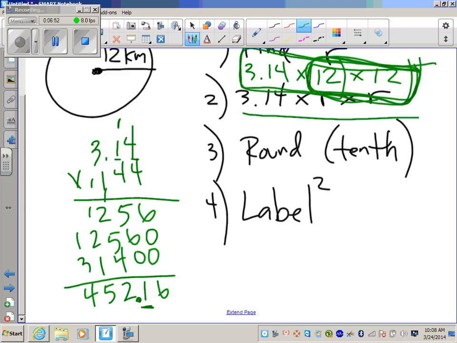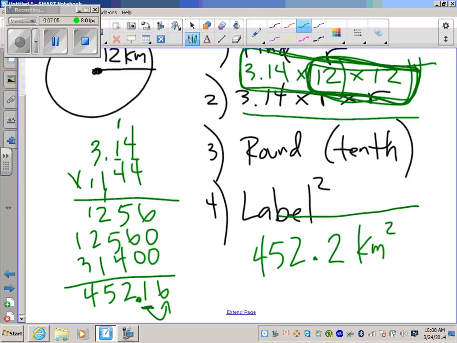My tenths place is here. I look behind it. 452.2 what? Kilometers squared. Very good.